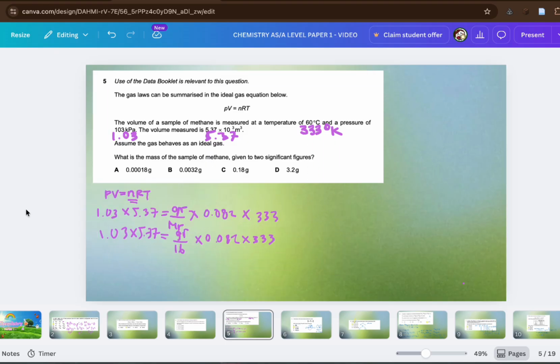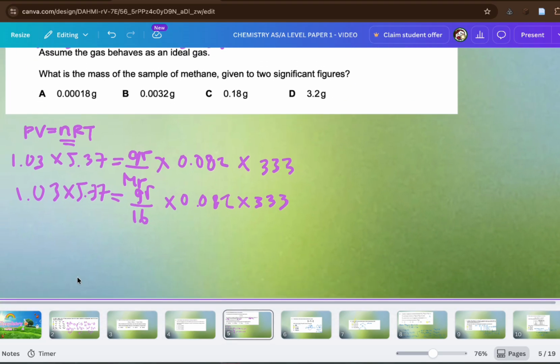Okay, alright guys, so with all that, we just have to multiply it. 1.03 times 5.37 is 5.5315. Multiplied by 16 over 0.082 multiplied by 333, which is 27.306.